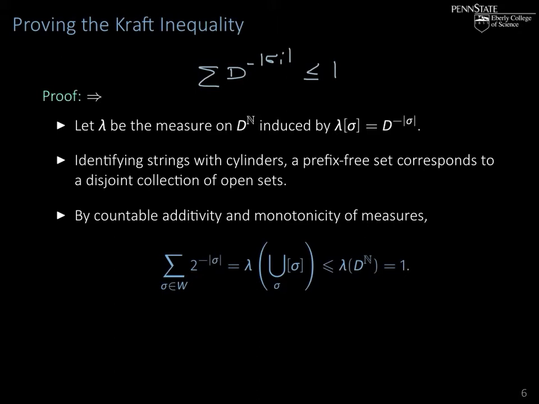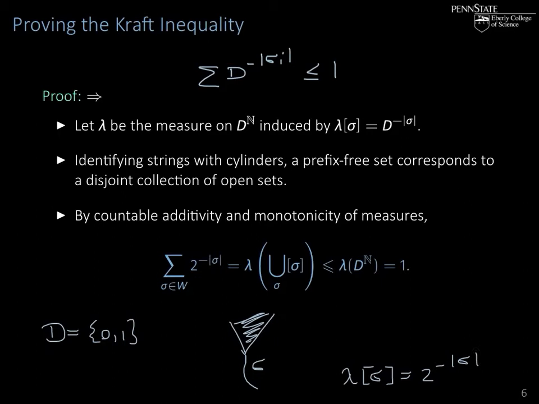Right? We encountered that before, right? To keep it easy, just assume that D is just the binary alphabet, right? Then we have our string here, sigma, right? Then this induces the cylinder set, and the measure of the cylinder, the uniform measure, was just 2 to the minus the length of the cylinder set.